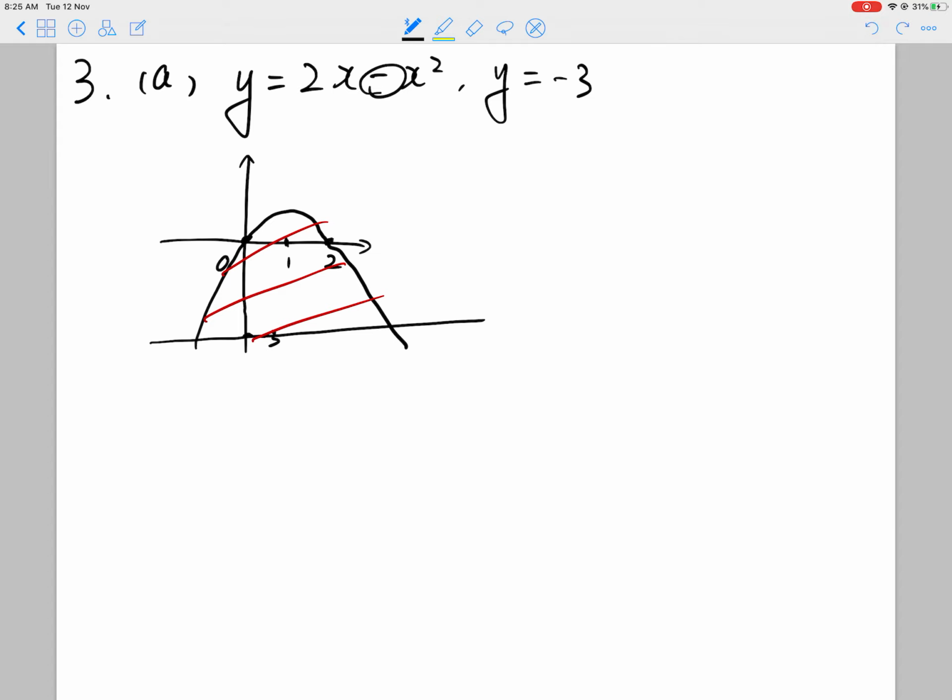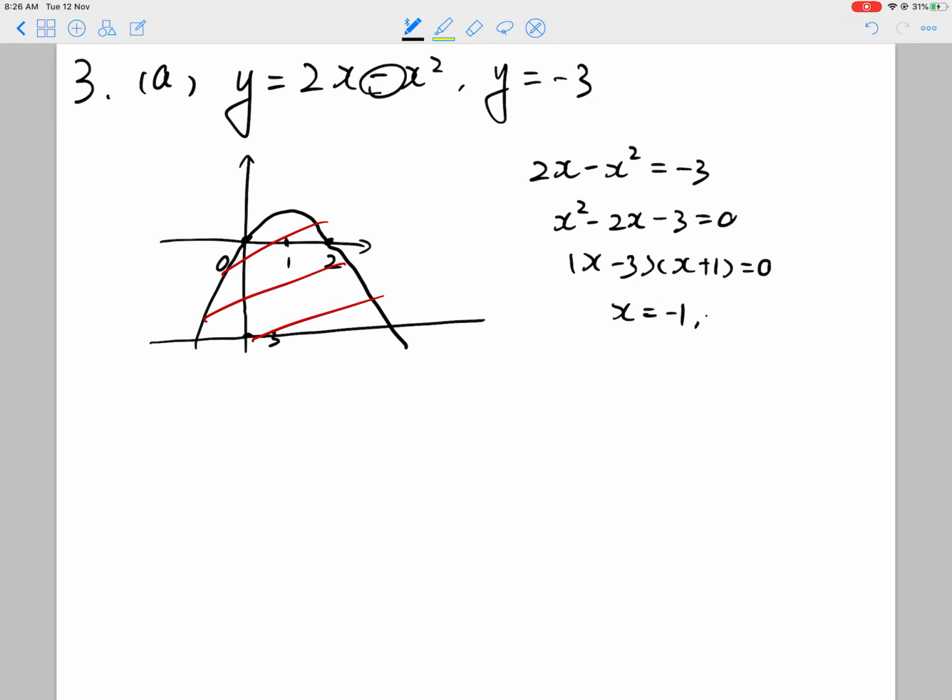So what you have to do is just 2x minus x squared equals negative 3. So you figure out that this point is negative 1 and this point is positive 3.